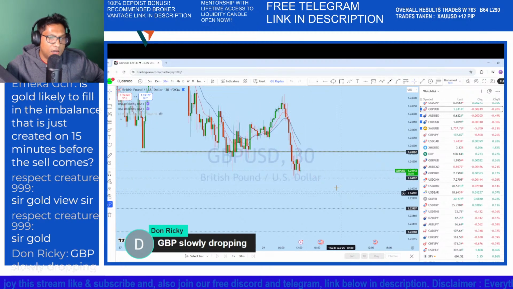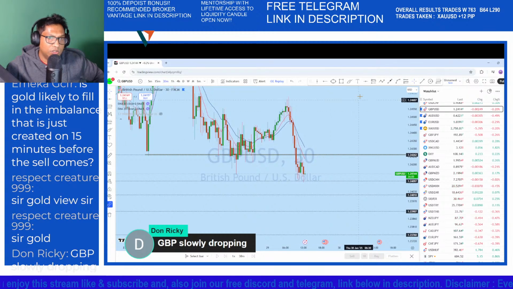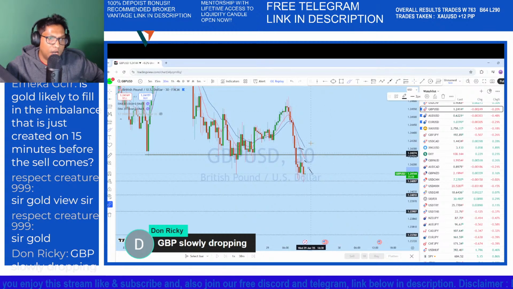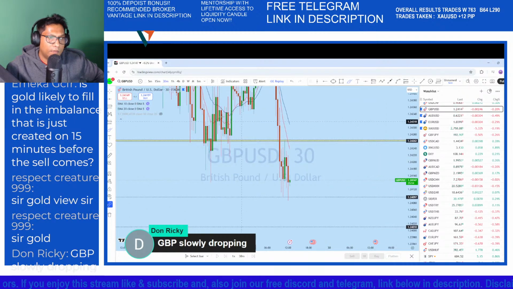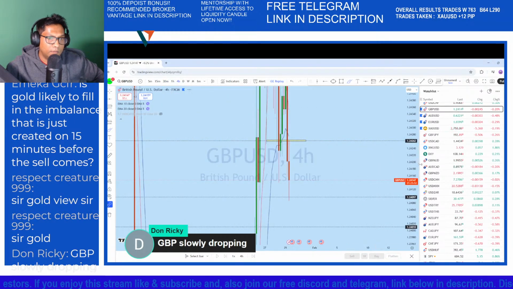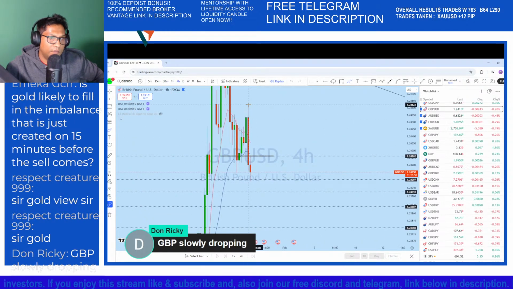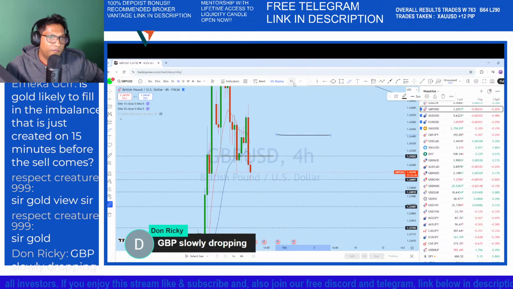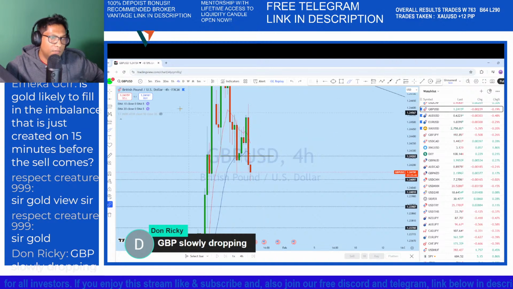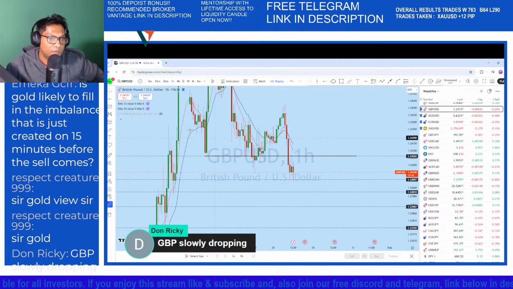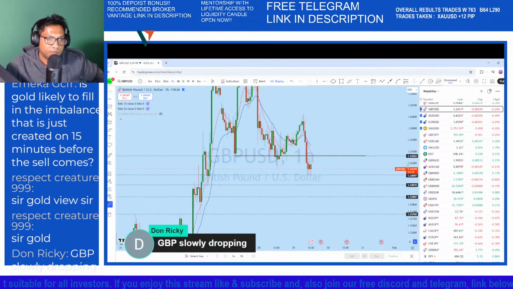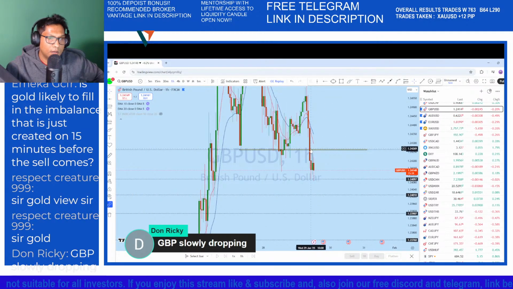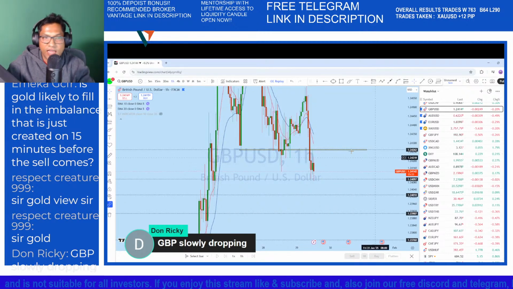So with that continuation pattern on XAUUSD, you can see a series of lower highs here. We can see that very strong bearish engulfer on the 4-hour, another bearish candle, and a long wick candle, expecting it to trend in that direction.